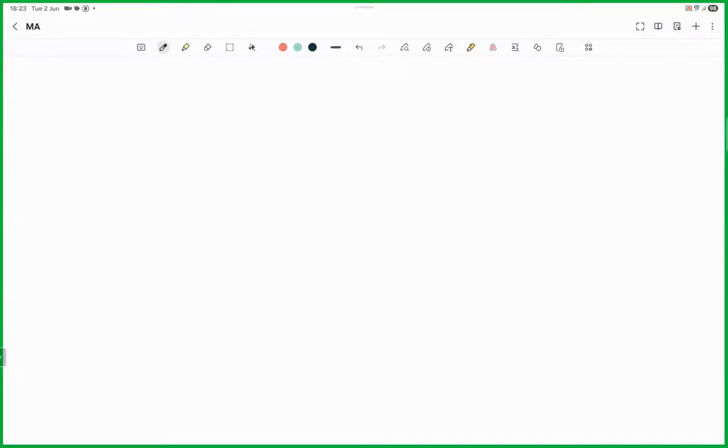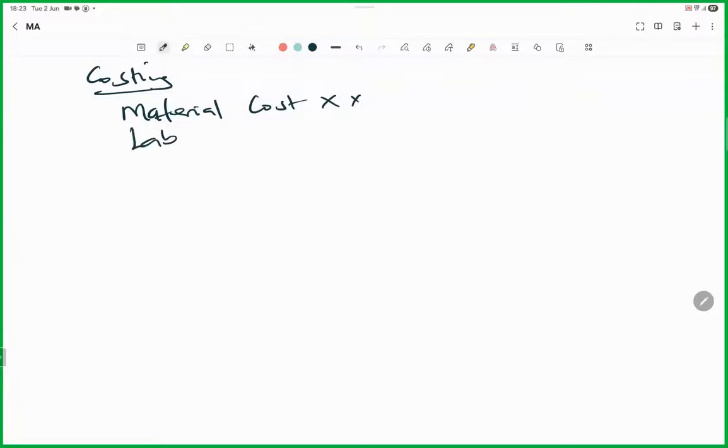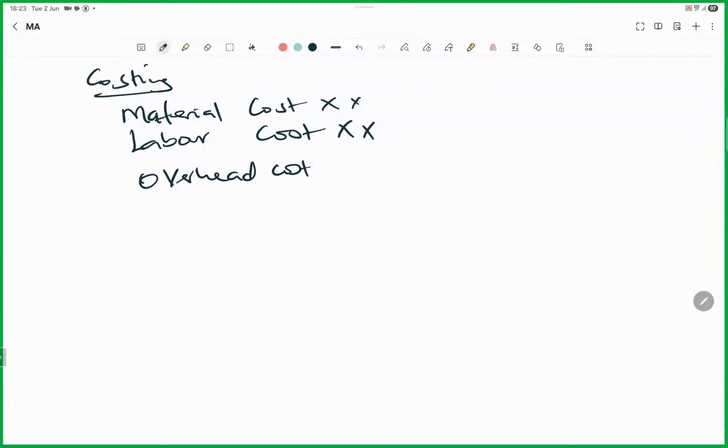Now, when we are doing costing, we shall look at three key things. We have material cost. We have what here? Direct. Let's talk of labor for now. So labor cost. And then we have what here? Overhead cost. For now, we just call them overhead cost. But now remember, overhead cost has to be overhead cost per unit.